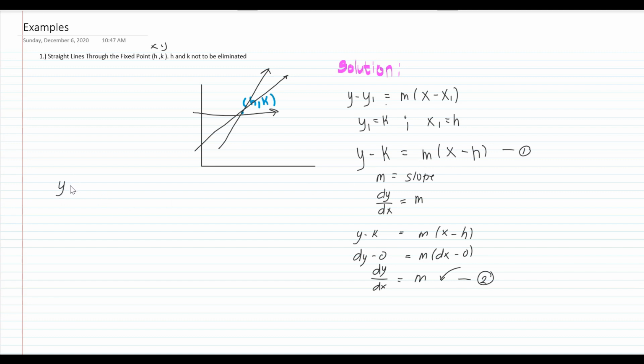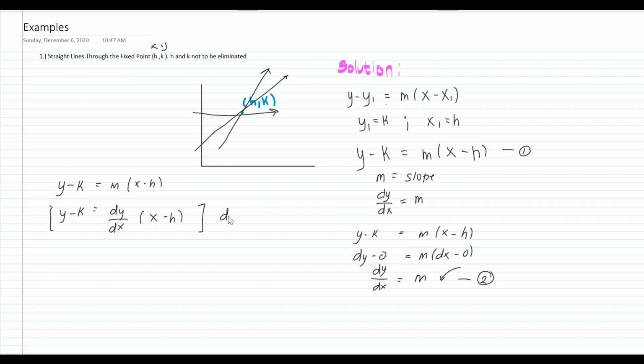Y minus k is equals to m times x minus h. And again, m is equals to dy over dx. So dy over dx times x minus h. We did this because the instruction in the problem is that both h and k should not be eliminated. So again, we multiplied both sides by dx to simplify further.